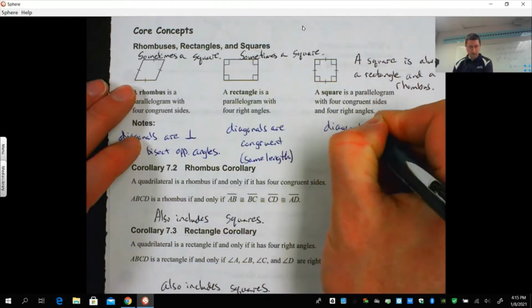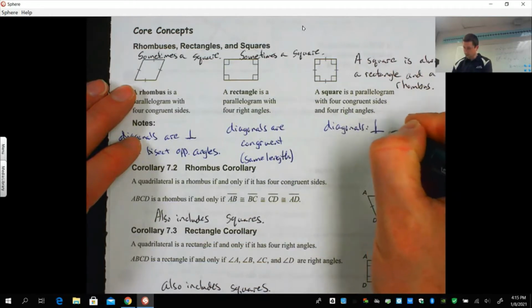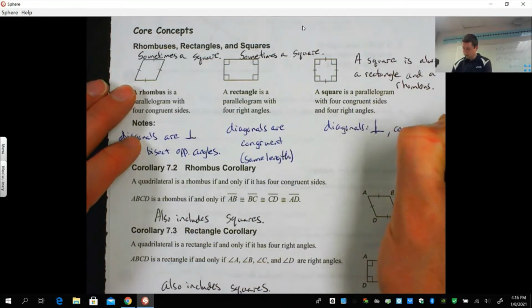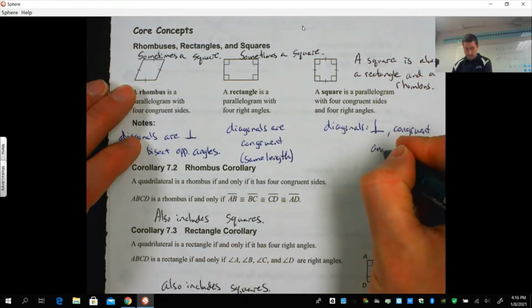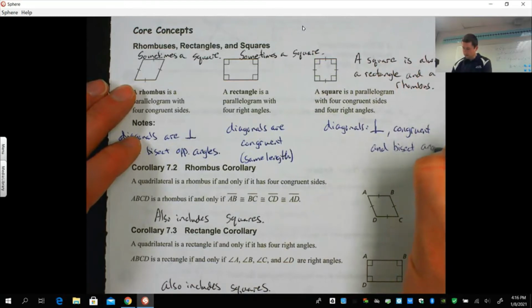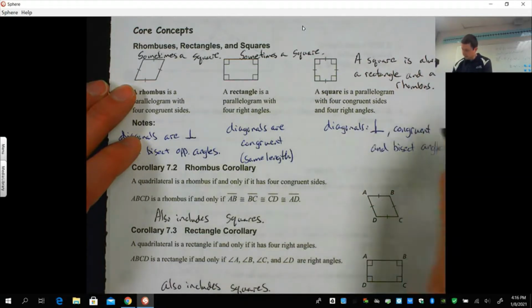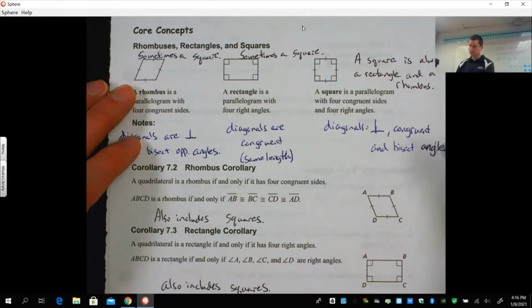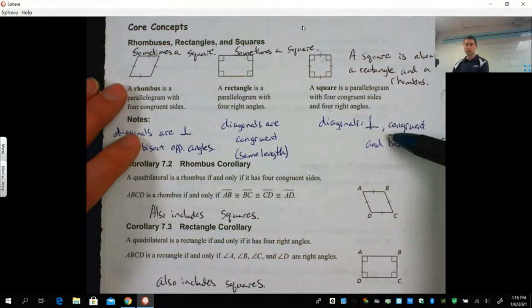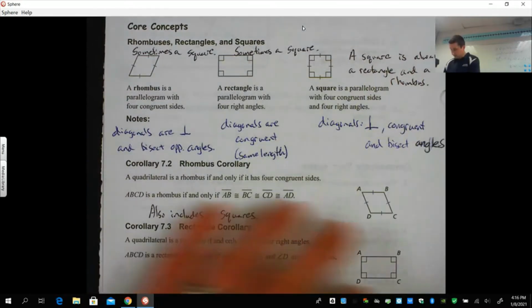So here the diagonals, they're perpendicular, congruent, and they bisect the angles. Uh-oh, blue's running out. So for a square, it does all three things: perpendicular, congruent, and bisect the angles. Okay, let's go look at our practice problems.